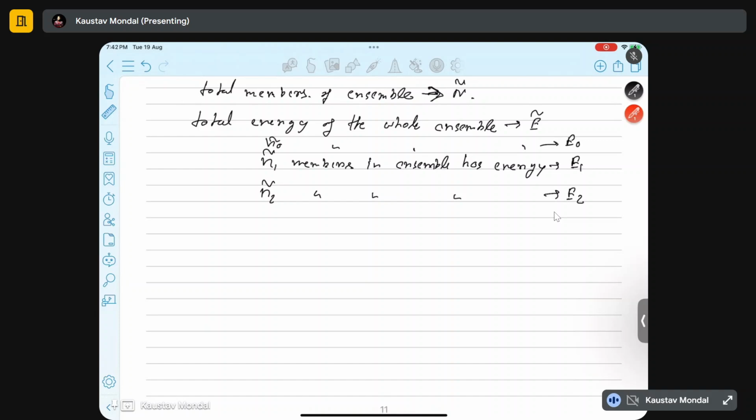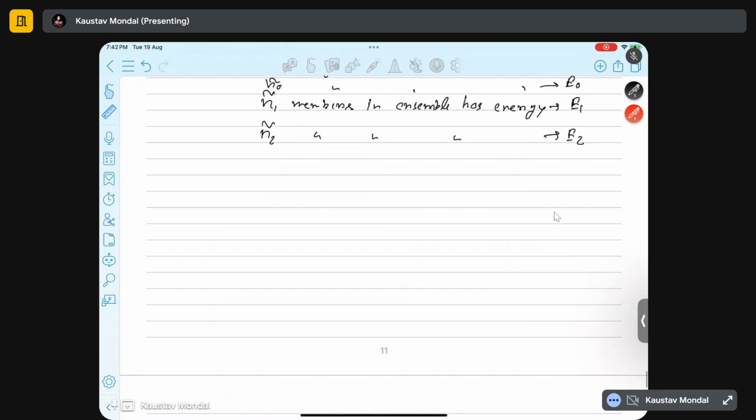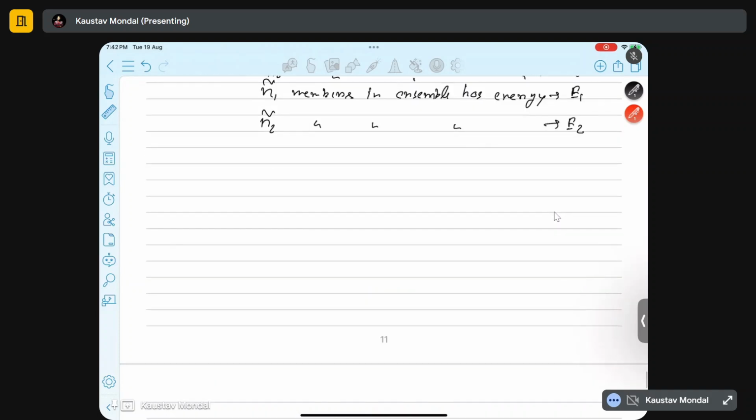So if you do it in this way, we want to find the configuration. The configuration looks like this. W tilde would be ñ factorial by n0 factorial, n1 factorial, ñ2 factorial, likewise.